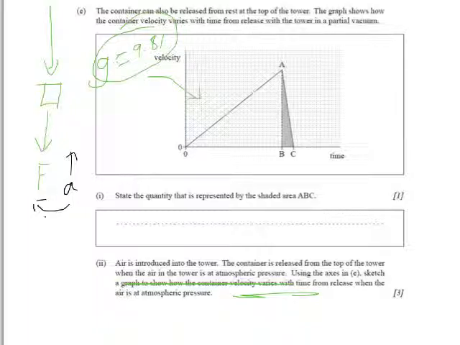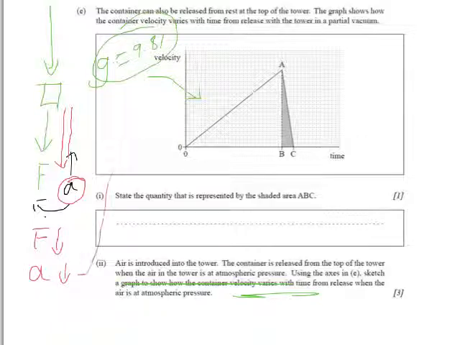That means that we will have a net force which will start off at a maximum and will slowly decrease as the air resistance builds up and matches it. Now, because your force is decreasing, your acceleration is also decreasing. And acceleration is the slope of a velocity time graph.